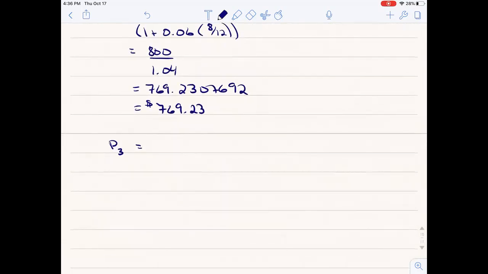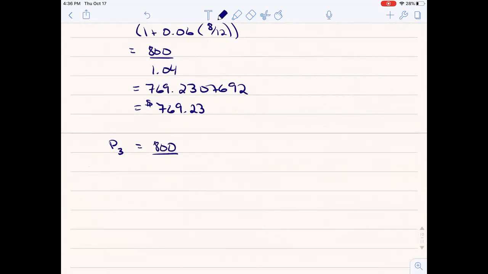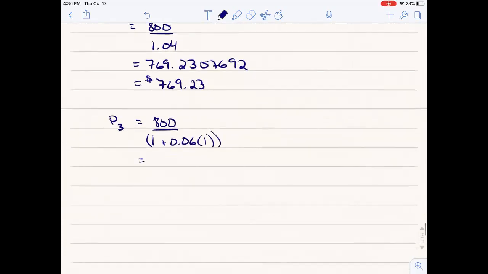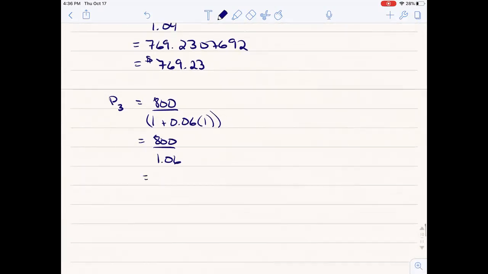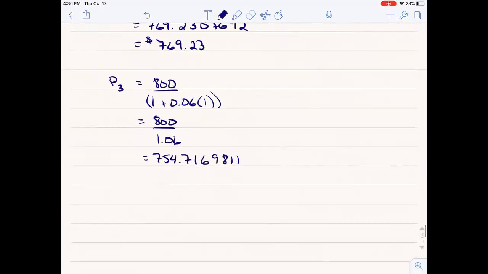So for P3, same idea, 800 divided by 1 plus 0.06 times 1, so 800 divided by 1.06 is 754.7169811, which in money is 754.72.